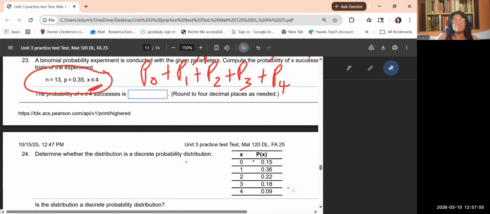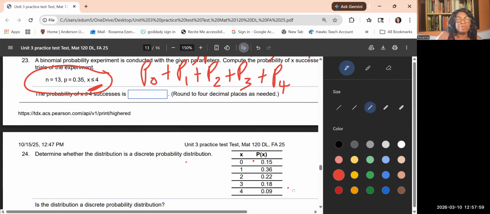First of all, I'm going to write it down. Binomial CDF, binomial cumulative density function, with the sample size, probability of success, and the random variable.